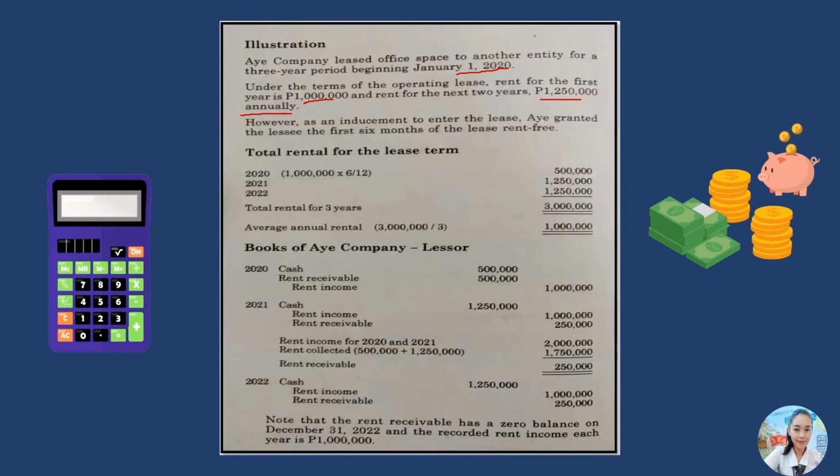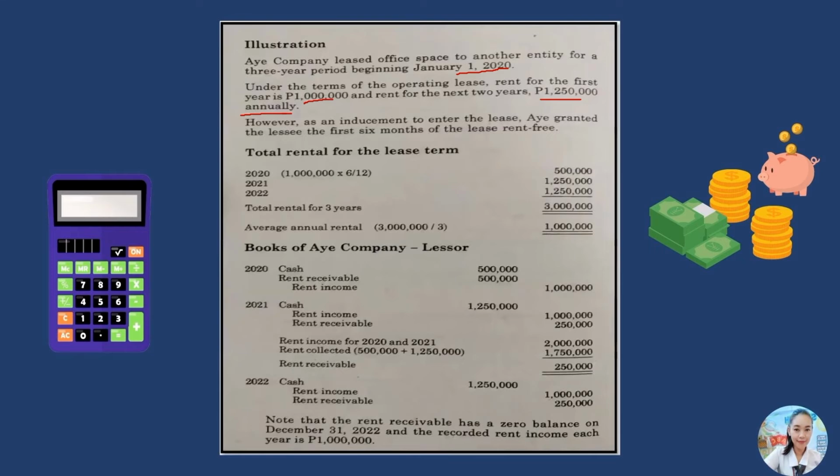So the rent that the lessor will receive annually is not the same, right? The first term is 1 million, and for the next 2 years, since it is a 3-year lease term, the lessor A company will receive 1,250,000 for the next 2 years.